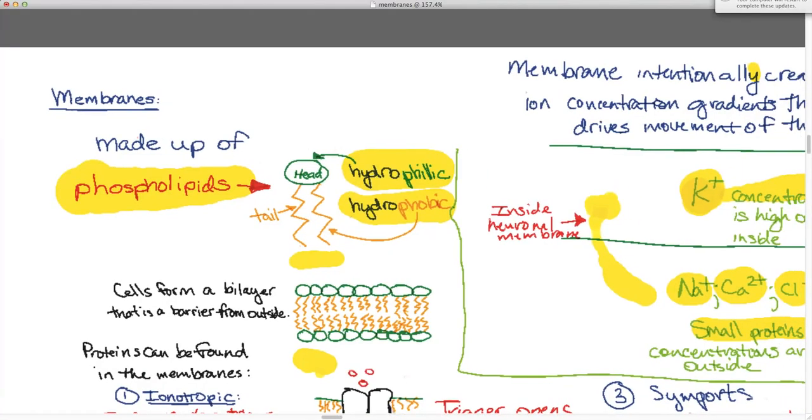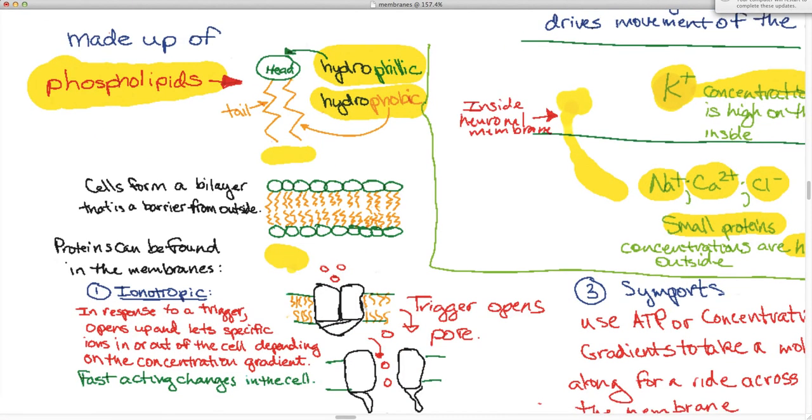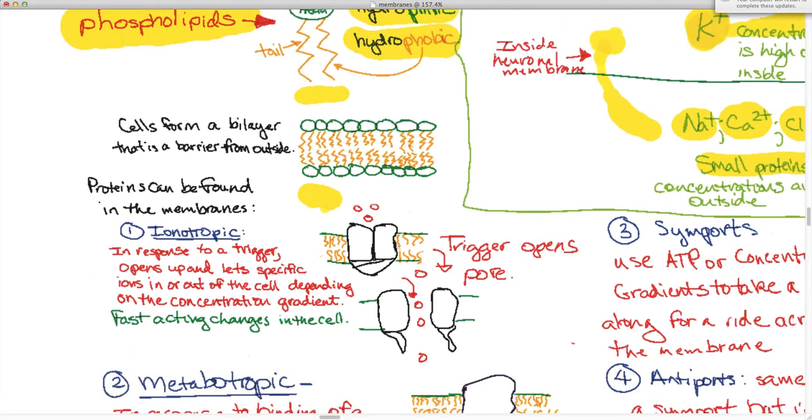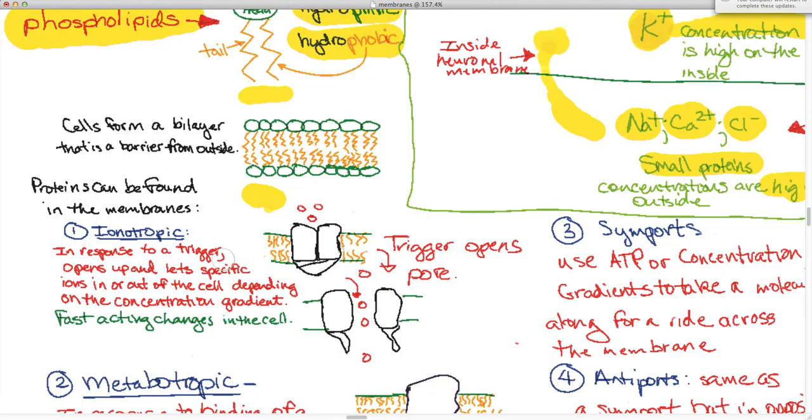The first type of protein that you might find in them is an ionotropic protein. And this ionotropic protein is a channel, basically a pore, that in response to a trigger, something either binding to an active site of the channel or a voltage change would be another trigger.